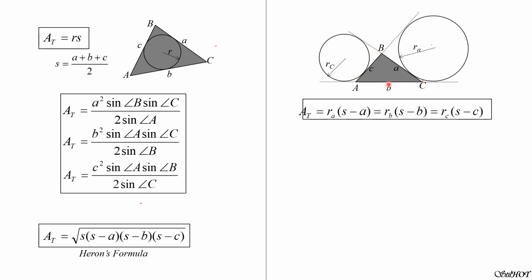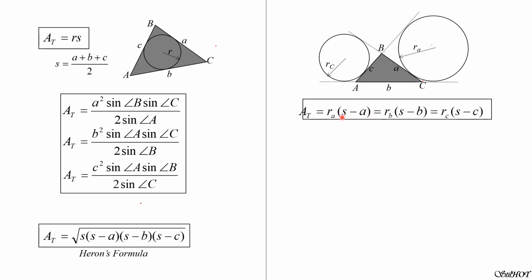The area of the shaded triangle is equal to the area of the quadrilateral minus the area of this triangle, where the area of the quadrilateral would be 1/2 B times, you form that triangle there, B is the base, R sub A is the height, plus 1/2 of C, another triangle here, 1/2 C times R sub A, the height, then less 1/2 of A times R sub A. Then you can derive that.